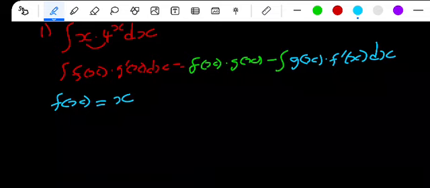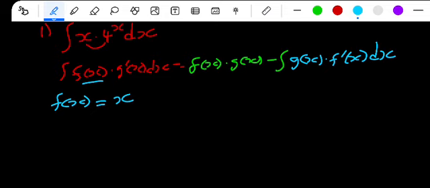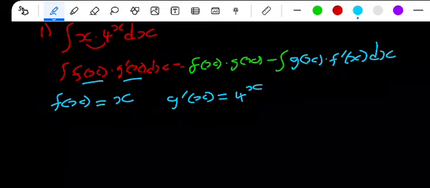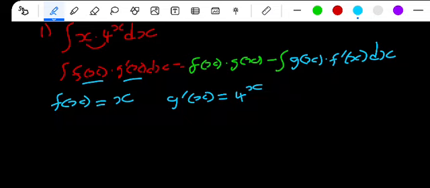Then make g of prime x equal to 4 raised to the power of x. Then you take f prime, you differentiate, this will give us 1. Then you integrate both sides, where the integration of g prime will be what?